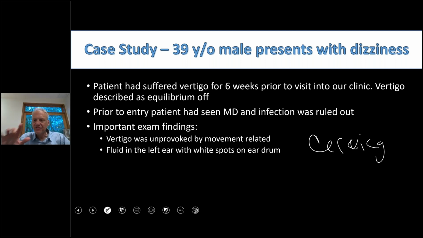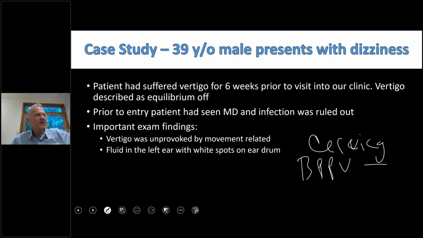Do they need their atlas set, get their head on straight, get that dizziness better? That's a very common cause. But you can also have benign paroxysmal positional vertigo, BPPV, where one of the crystals gets knocked loose. That's when you turn your head and boom, you have the symptoms. So it's provoked with movement.